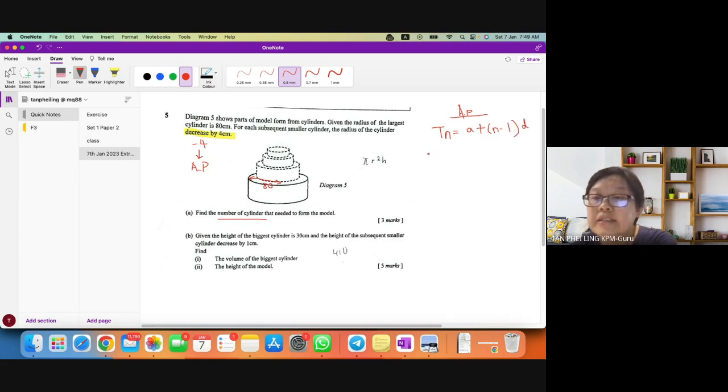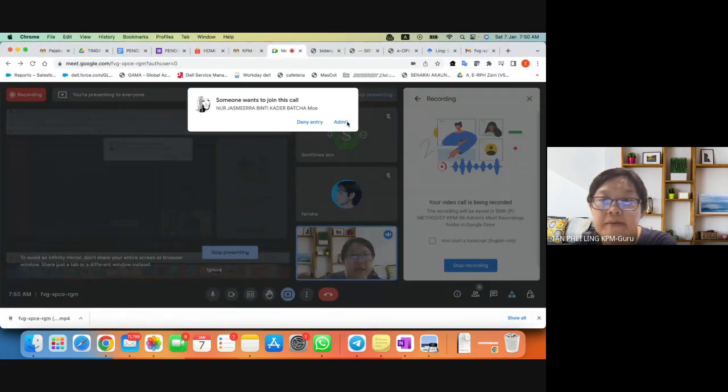The second idea is they are looking for the sum of n terms, which is n over 2, and then a big bracket, 2a plus n minus 1 d. So these two formulas: the first one means they want to ask for the number of terms, how many terms are there.